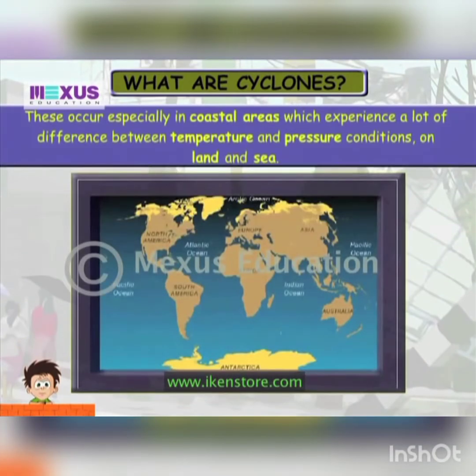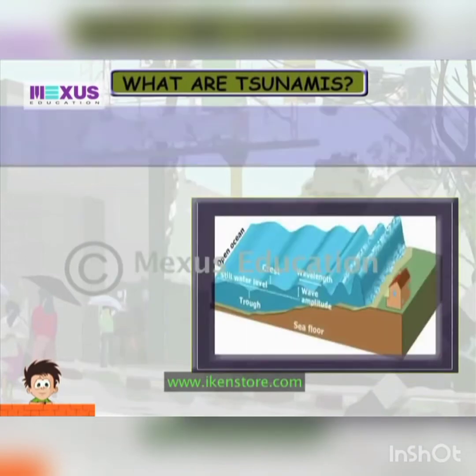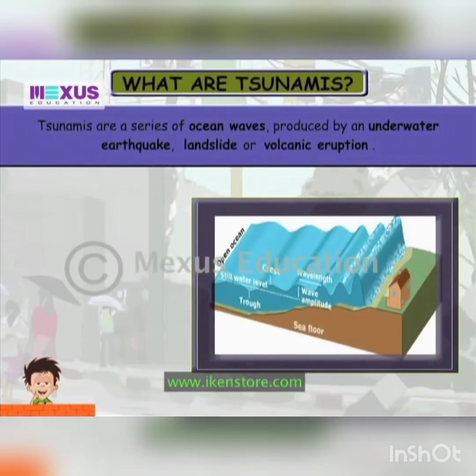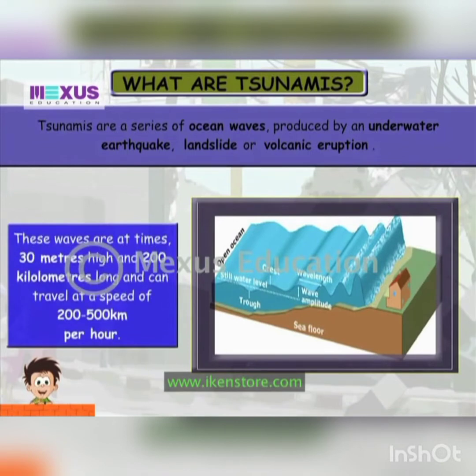These occur especially in coastal areas, which experience a lot of difference between temperature and pressure conditions on land and sea. What are tsunamis? Tsunamis are a series of ocean waves produced by an underwater earthquake, landslide, or volcanic eruption. These waves are at times 30 meters high and 200 kilometers long and can travel at a speed of 200 to 500 kilometers per hour.